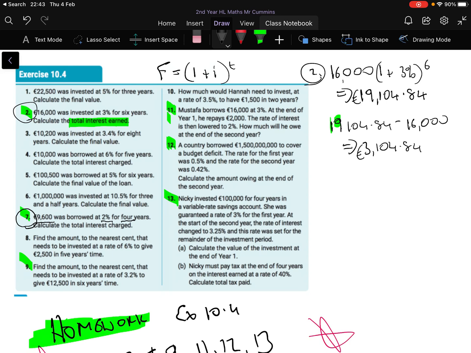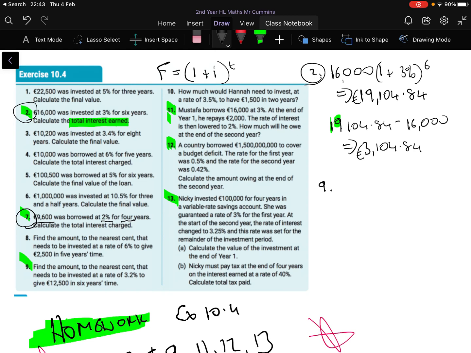Question 9 is pretty much the same thing, but we'll do it anyway because there's a slight difference. You have F, P, I and T. The only difference is that they don't give you the P, they give you the F instead.